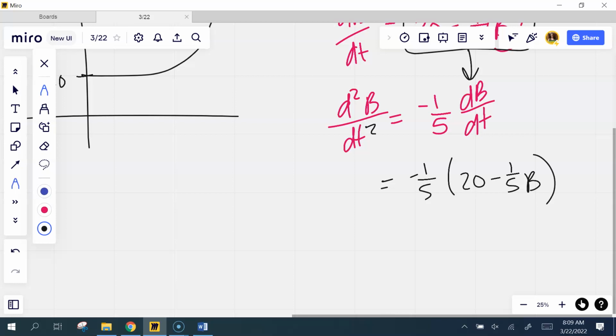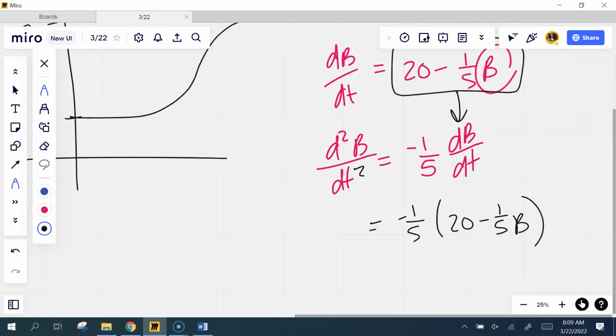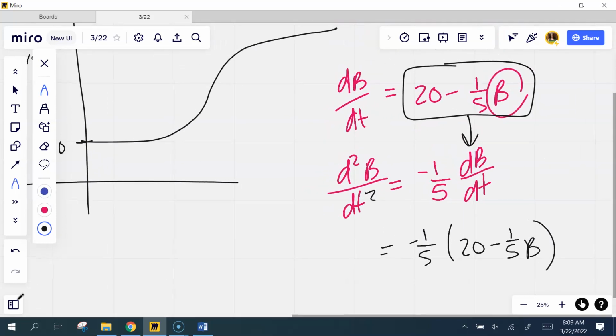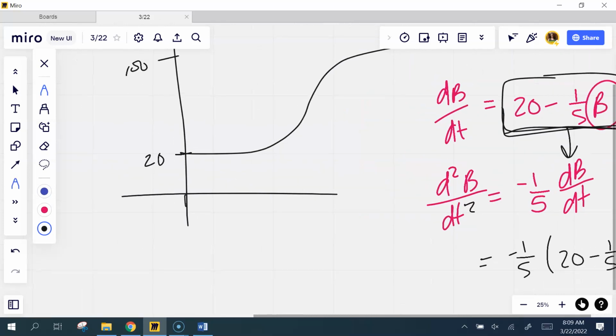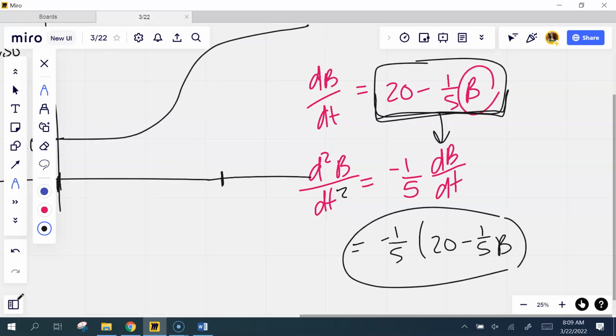Well, what does the second derivative tell us? Concavity. So the derivative of this, it's just the coefficient in front. So because on this interval here that I'm on, in the first 10 days, the second derivative is negative based on my second derivative.